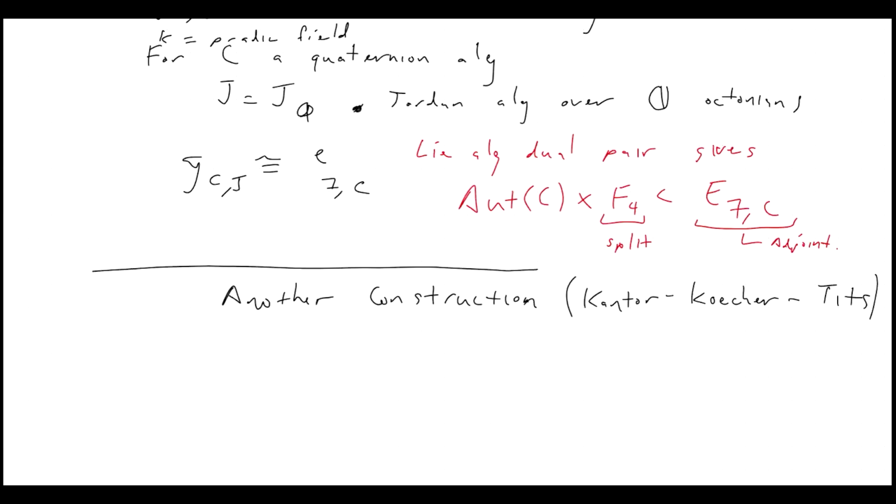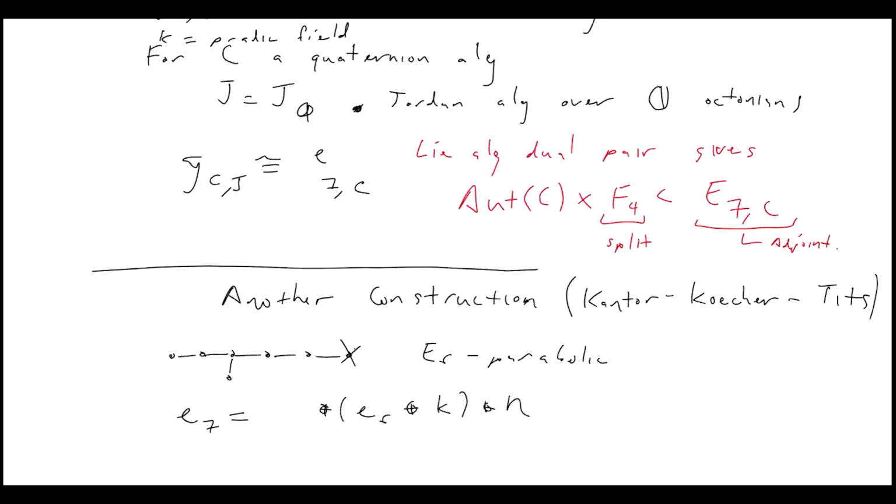So we're going to start with the E7 Lie algebra. And inside of E7, we have a parabolic, the E6 parabolic. I'll write N for the unipotent radical of the parabolic.